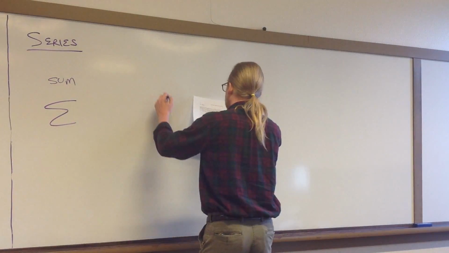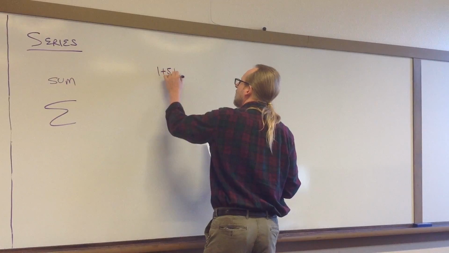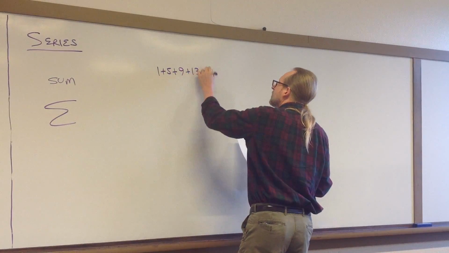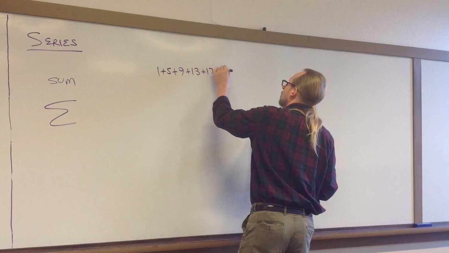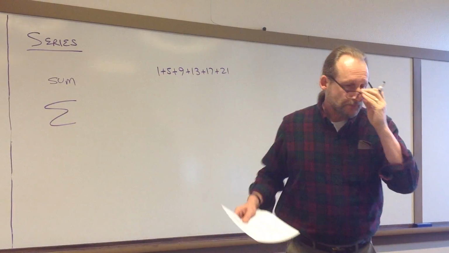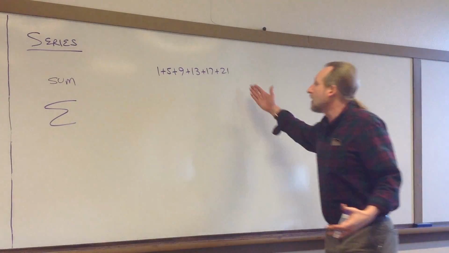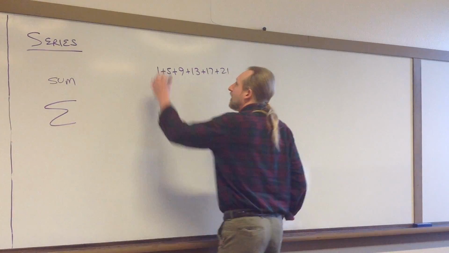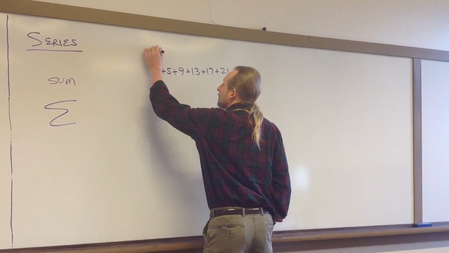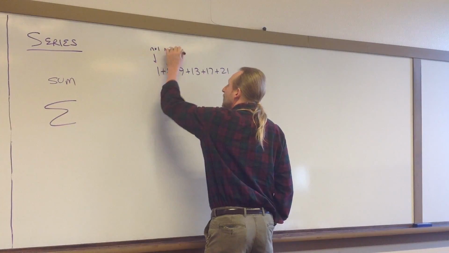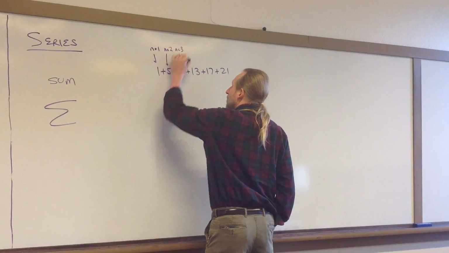So if we have these numbers being added together, 1 plus 5 plus 9, 13, 17, 21. To represent this, we want a general formula for these numbers that match to the term or the number of each term.